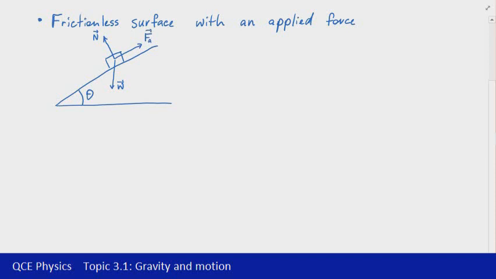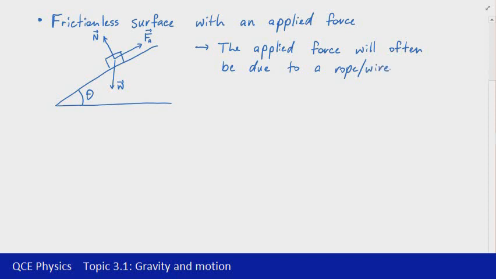So in this situation there are a couple of ways to think about this applied force. We know that a force is a push or a pull, so it could literally just be that someone's pushing it from below or pulling it from above. The applied force oftentimes though in situations that we're going to deal with, it's often going to be due to a rope or a wire, and in the case of a rope or a wire, the force that we would deal with there is known as tension.